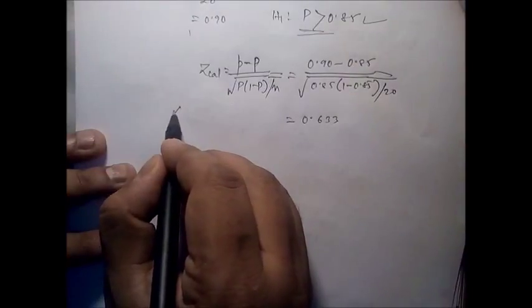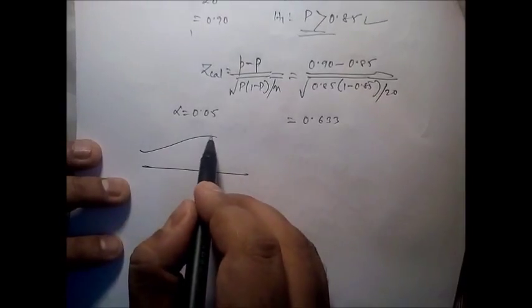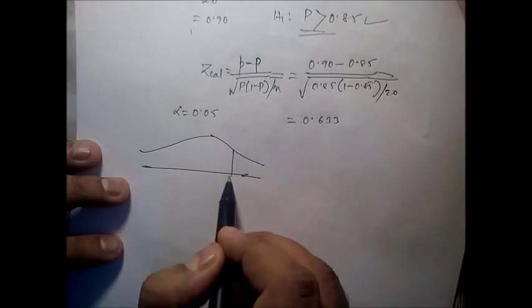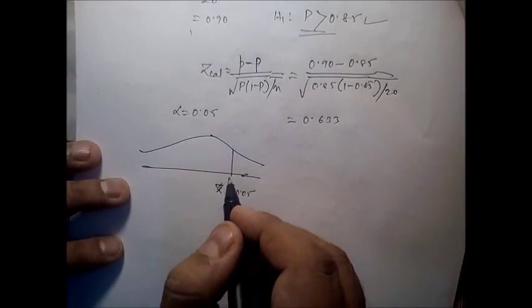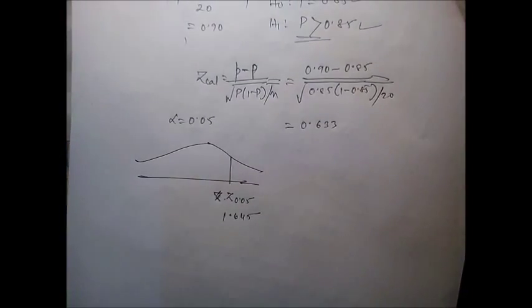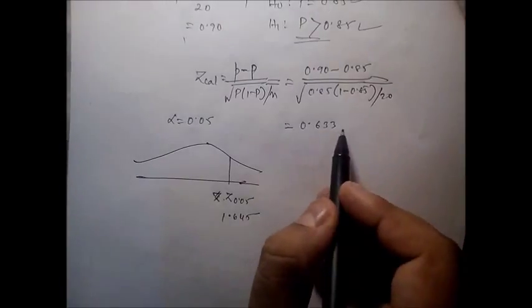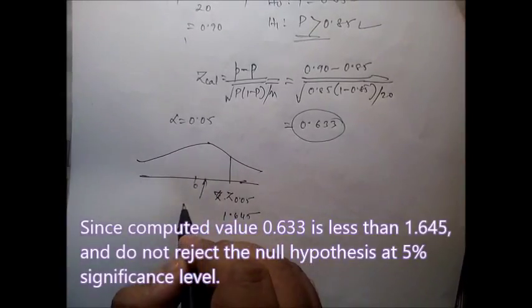Let alpha be 0.05, the level of significance, and since it is a right-tailed test, the critical value is 1.645. We can see the table. In this table, if alpha is equal to 5%, then for a right-tailed test the critical value is 1.645, and our calculated test statistic is 0.633, so the value will be somewhere here.